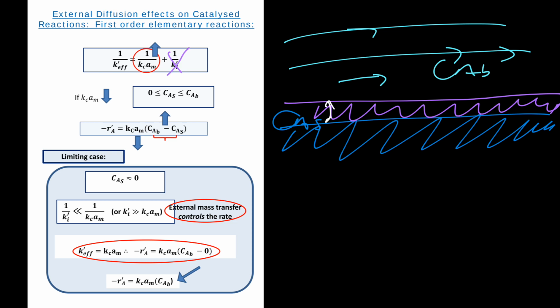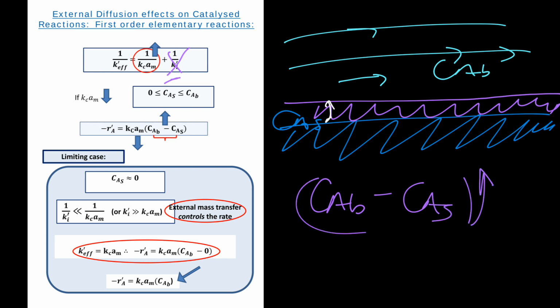So what happens here is that as I approach this scenario, the difference between Ca bulk and Ca surface must go up in order for that rate to remain under steady state conditions. If this goes up, I end up at the limiting scenario where the surface concentration over here actually goes to 0. So what that implies is the stuff diffuses through very slowly, and there is a waiting catalyst active site there.